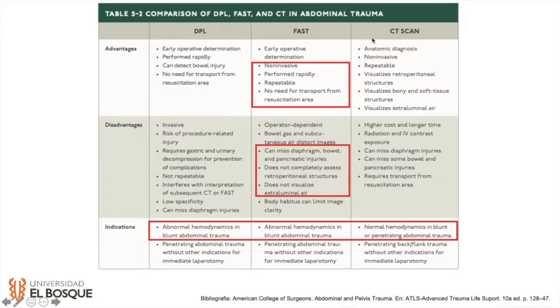In this table I want to show you first the FAST exam that we are going to talk about today, also the CT scan and the DPL, short for diagnostic peritoneal lavage. And I want to show you here that FAST is a non-invasive procedure, so it is better for you, for example, if you have an unstable patient and you cannot have the time to transport them to a CT unit.